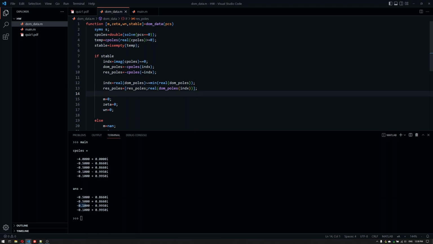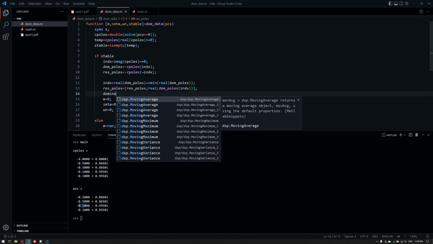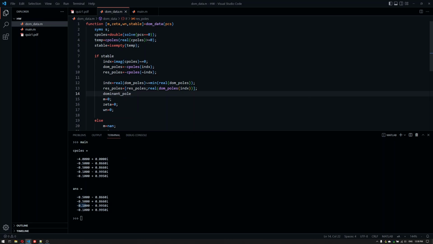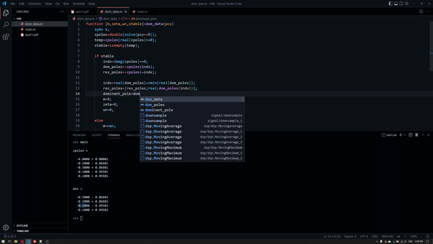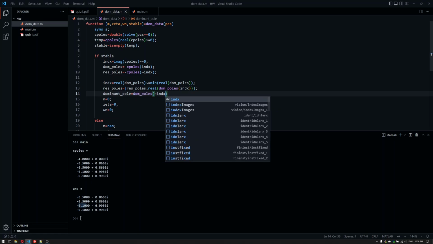If we didn't mess up stuff. And the dominant pole is going to be dom poles the index here.